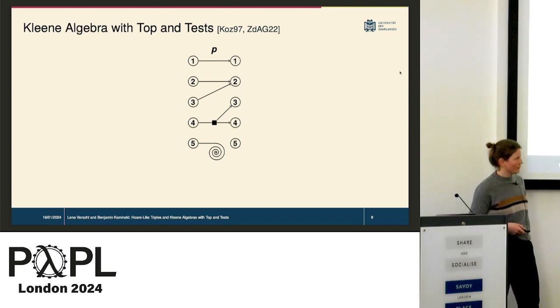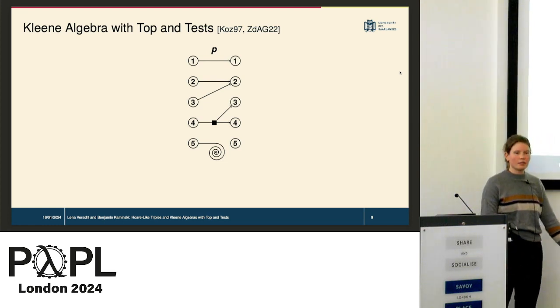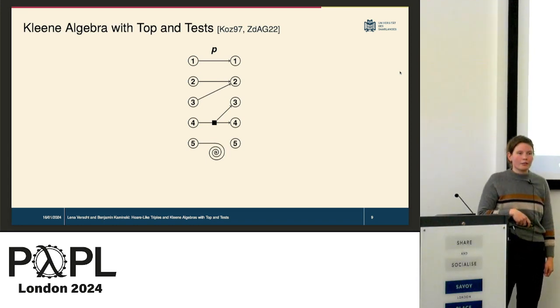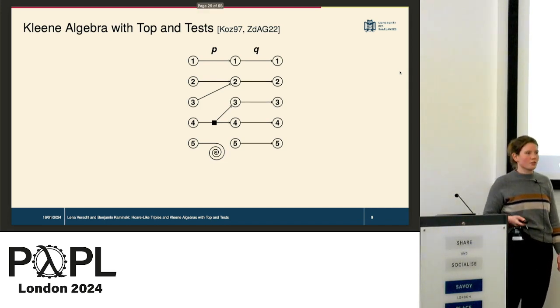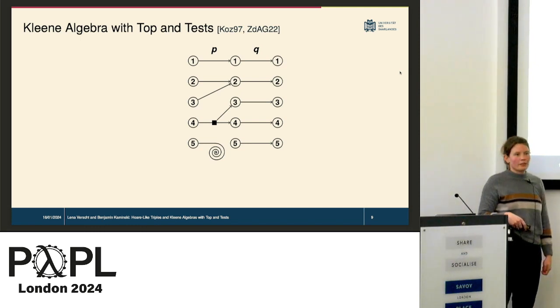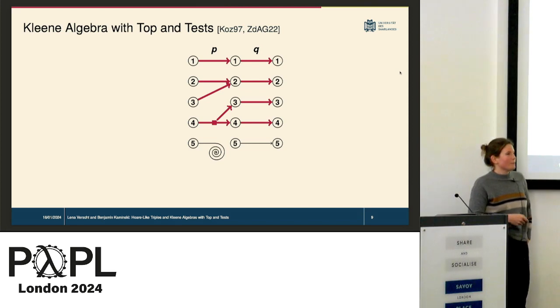And we can compose programs, and in the relational setting, this is simply composition of relations. So here's the program that we've seen before, and if we want to compose to this another program Q, which is just skip, so does nothing, so this is the identity relation, then we get a new relation which contains exactly these highlighted pairs of states.